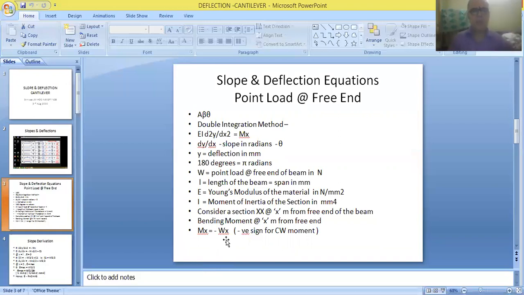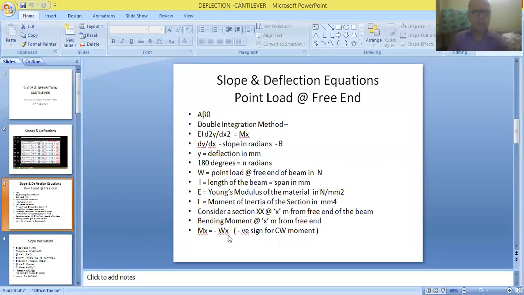minus Wx. So these are the two equations. This is the first equation, and we have to take this value in this equation for getting the final results. These are the parameters required for doing calculations, and these are the equations.